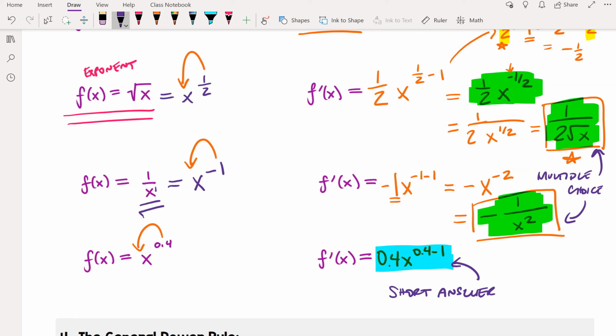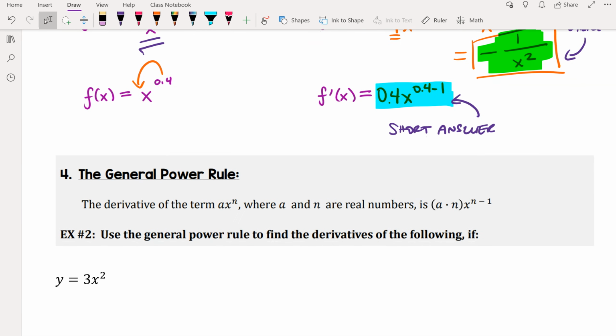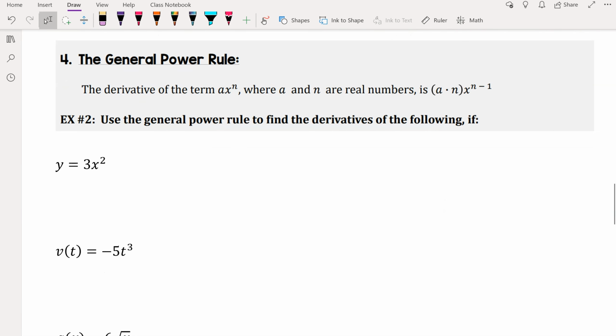Okay, now that we know the difference between those, let's go ahead and move on to our fourth rule. The general power rule. Okay, so write this down. We have the general power rule: the derivative of the term a x to the n, where a and n are real numbers, is a times n x to the n minus 1. Okay, and all this is saying, y'all, I want you to write this version down.